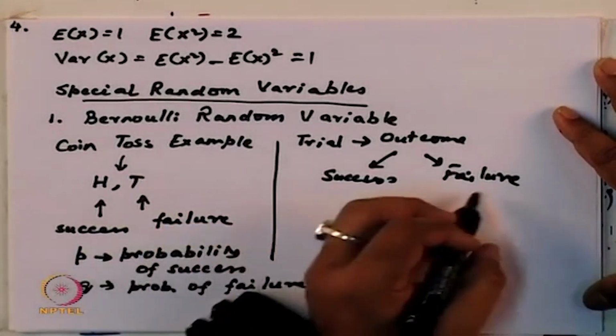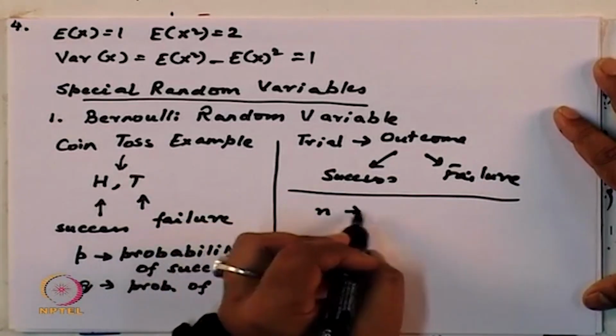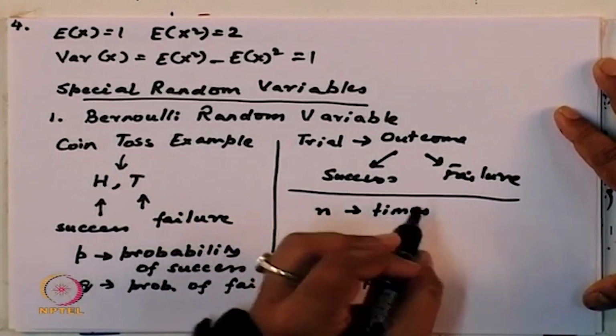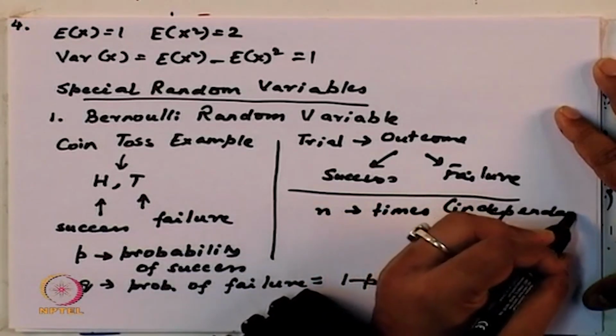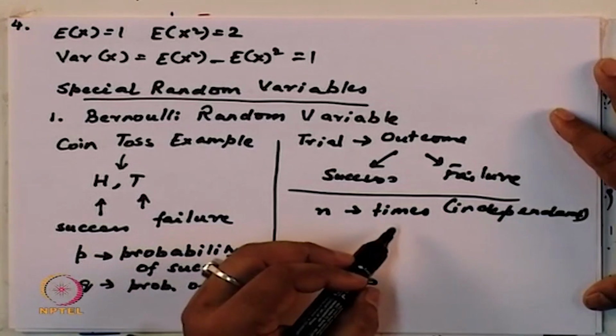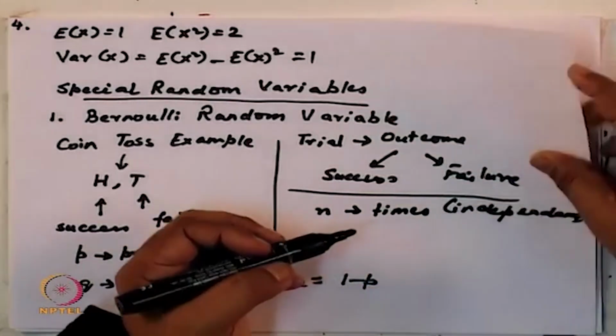Now imagine you keep repeating the same trial n times, independent. So the outcome of one trial does not influence the outcome of the next trial, and so forth.